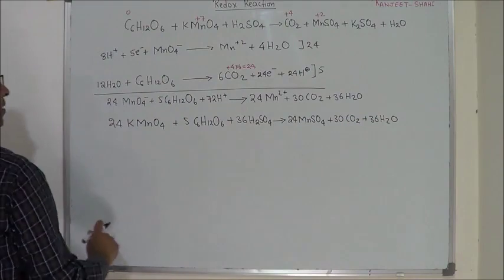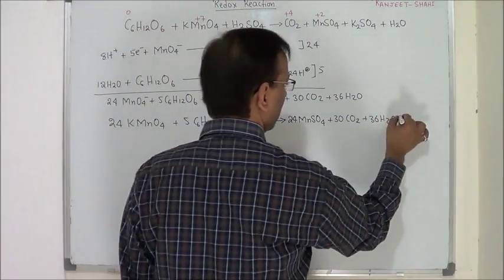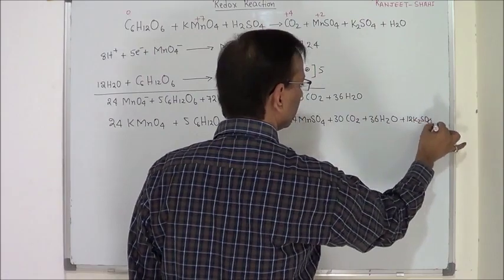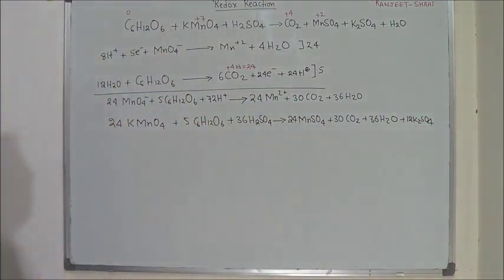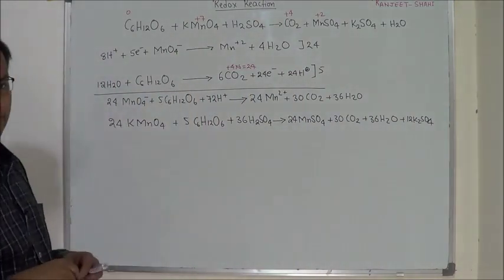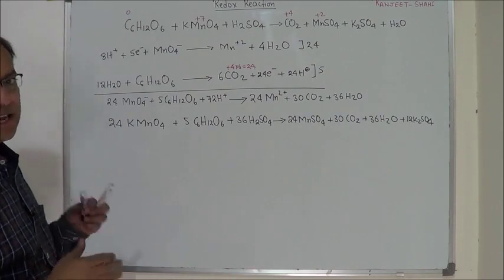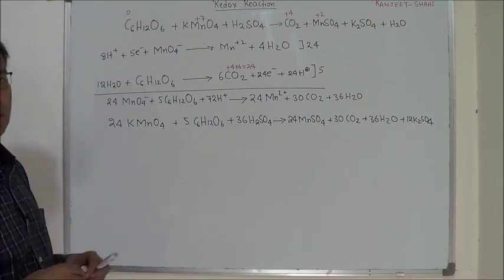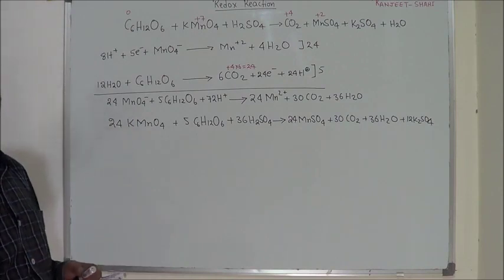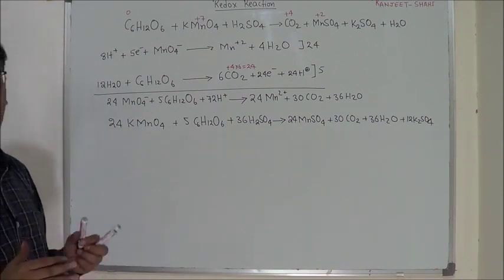So 24 potassium, so 12 K2SO4. One can see what the possible coefficients in a redox reaction are, and this can be obtained by the proper method only. This cannot be obtained by methods of trial.